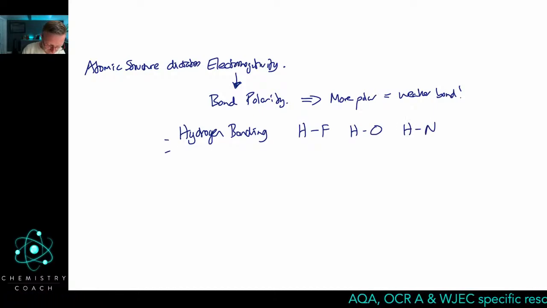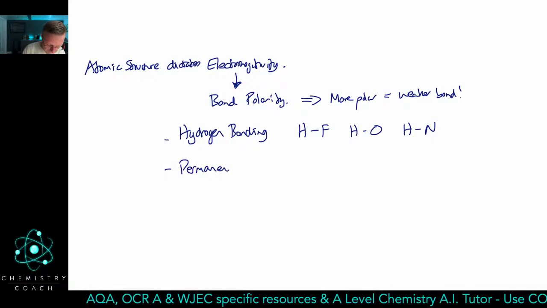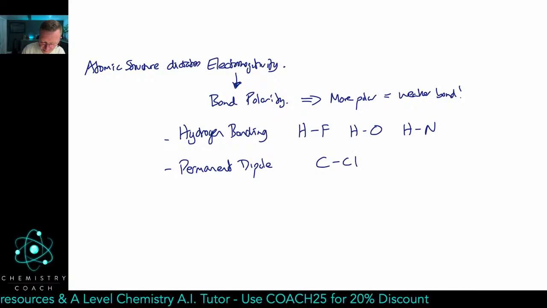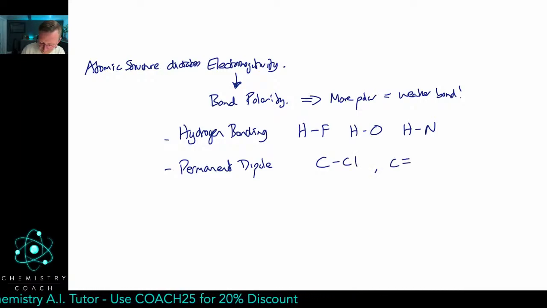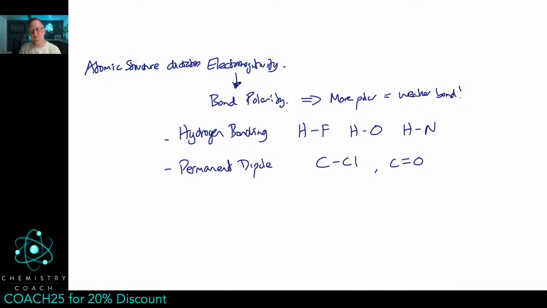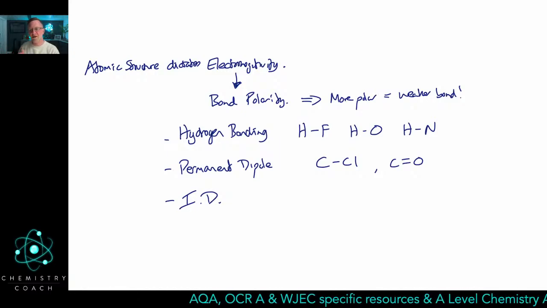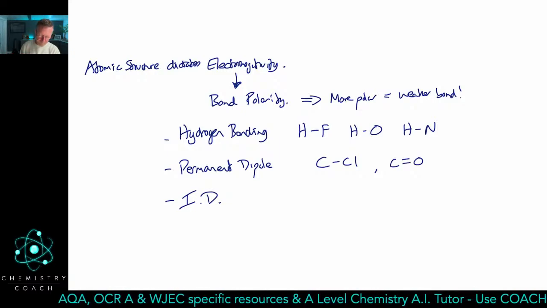We've then got permanent dipole, so typically where we see a C-Cl or a C double bond O, we're looking for those sorts of bond polarities. And of course, we've got induced dipole or London forces. Some people call them van der Waals forces, all the same thing, induced dipole.